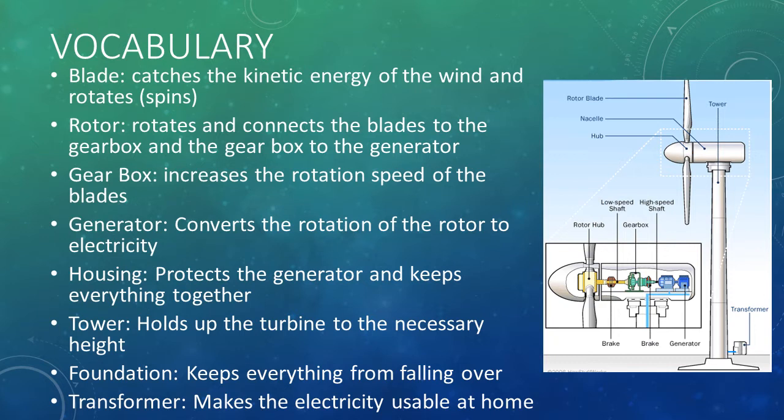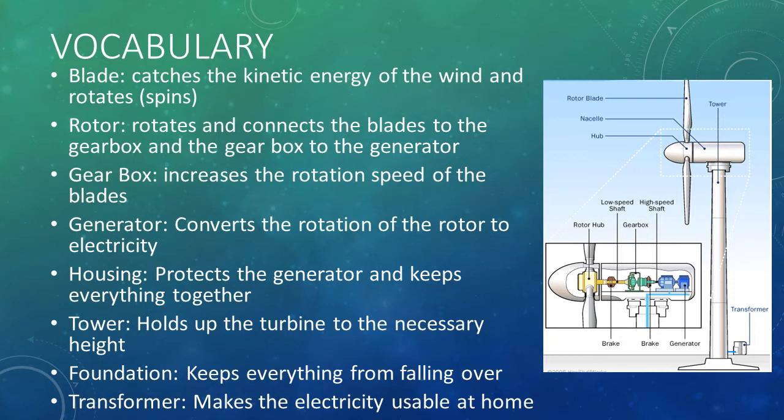Speaking of the gearbox, it increases the rotation speed of the blade. So as the blades spin, they're not rotating very quickly, okay? We'll talk about how fast a little later.